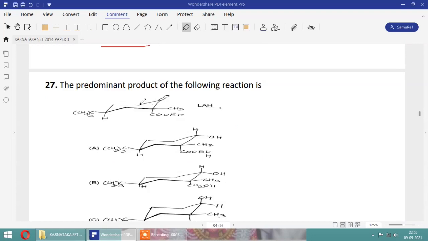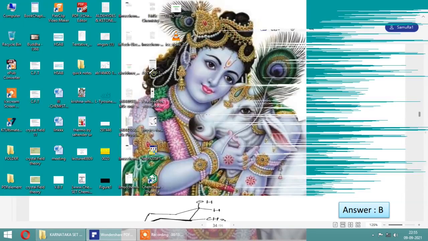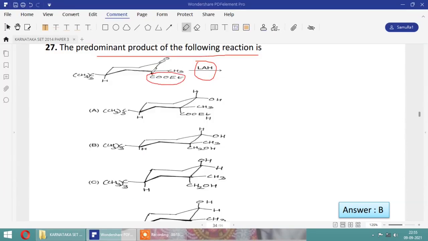Predominant product of the following reaction is. Here you see this lithium aluminum hydride is a strong reducing agent which reduces this COOEt into CH2OH. Also reduces this carbonyl group C=O into OH.